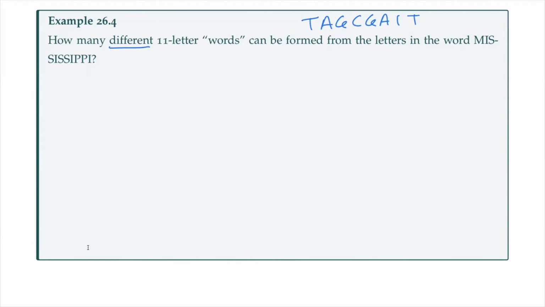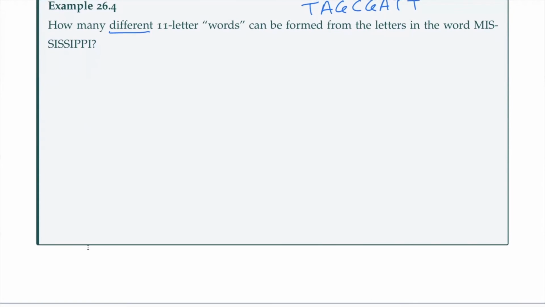Okay, so let's think about our word Mississippi. Well, we have 4 I's, we have 4 S's, and we have 2 P's. And let's think about what the total number of permutations is here.